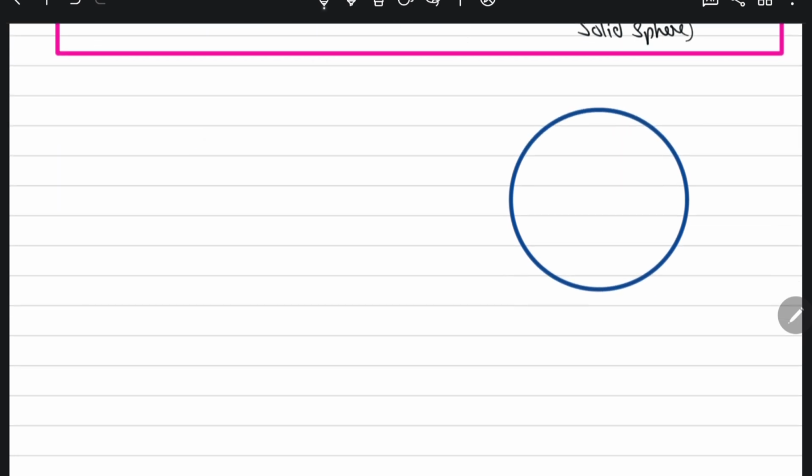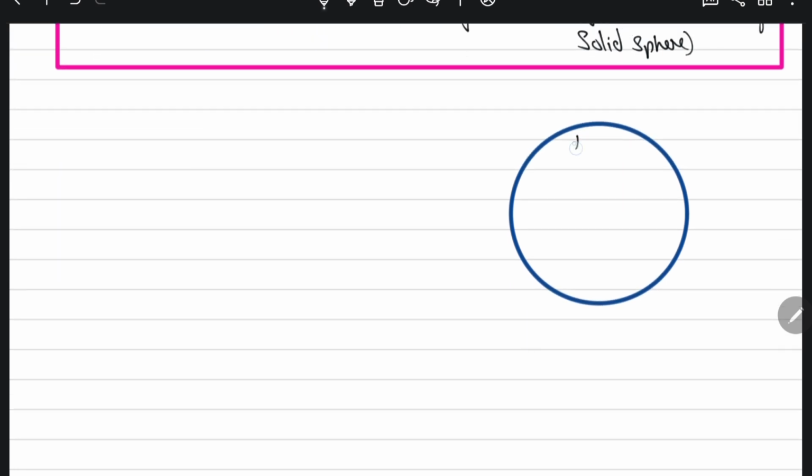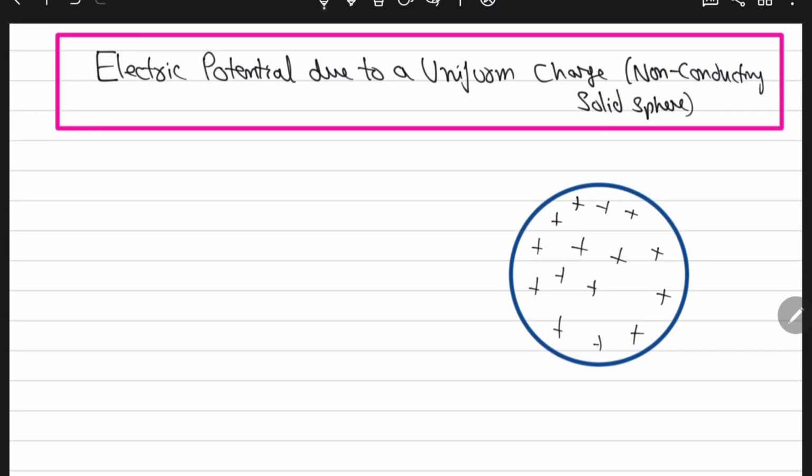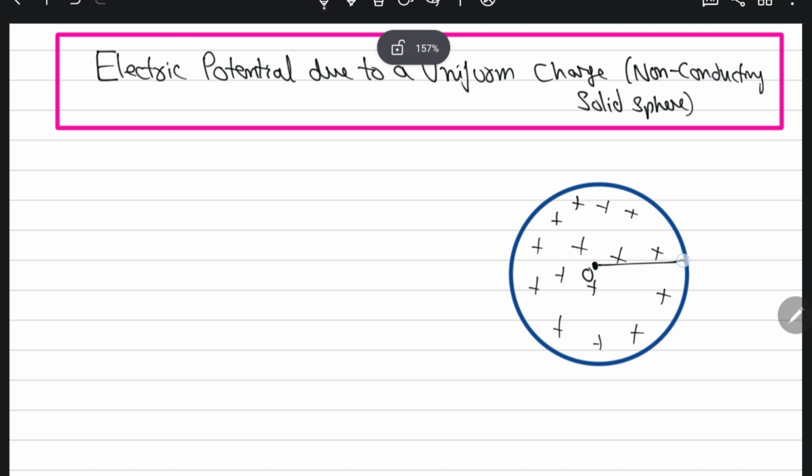Non-conducting sphere means the charges stay there, they are not moving. So we can find electric potential due to a uniformly charged non-conducting sphere inside, outside, at the surface and at the center. So this is our center O and the radius is capital R.